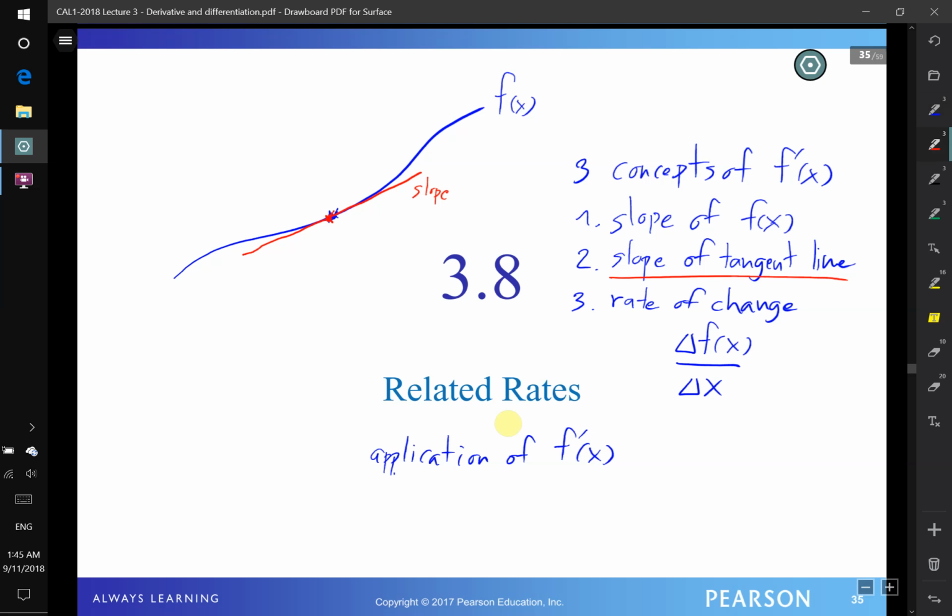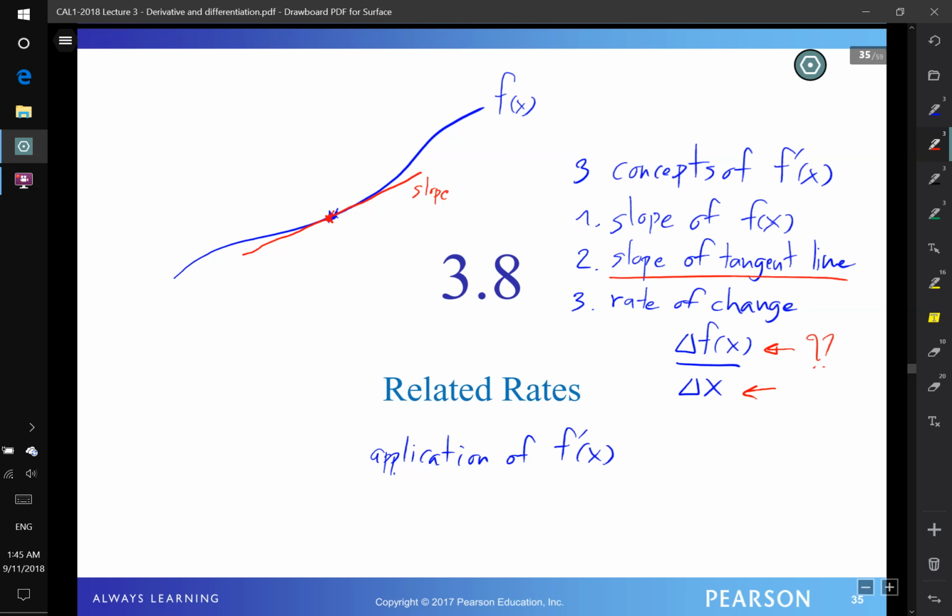So let's say that x changes, and I want to know what happens to the function value. What is the change of that? That is how we look at the rate of change and how we use this concept to define derivative.